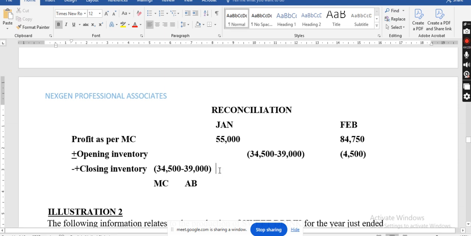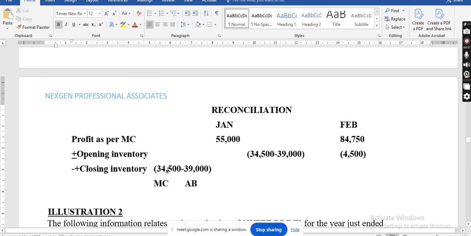Now, if the closing inventory of marginal costing is greater than absorption costing, you subtract the difference from your profit, right? But if it is lesser, you add it. Now, look at it.